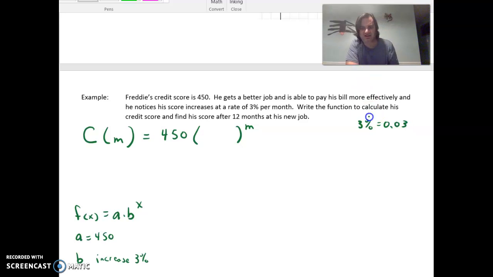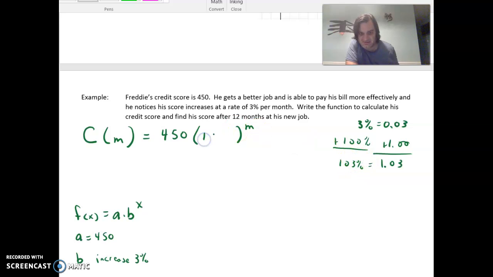So how we get there is we want the 3% plus his original credit score, which is plus 100%, which is plus 1 basically. So we're going to multiply by 1.03, and that's basically the same thing as 103%.